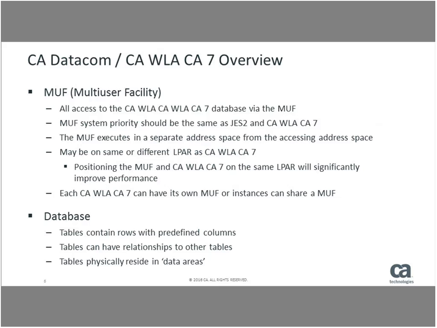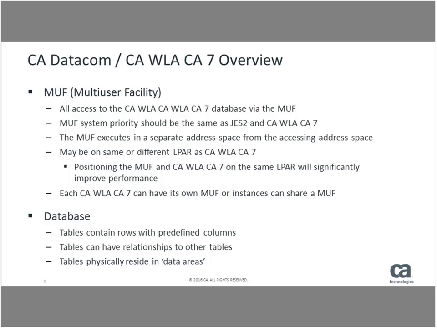The MUF is the access from the CA7 to access the CA7 database, and it needs to be the same priority as the CA7 or your JES. What happens is, if it's not at the same priority, CA7 is going to move to the slowest priority between CA7 and the MUF. The MUF also executes in a different address space.